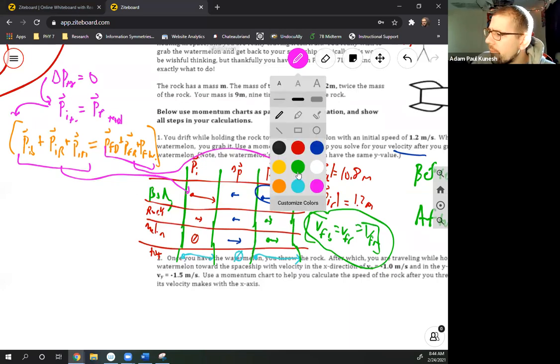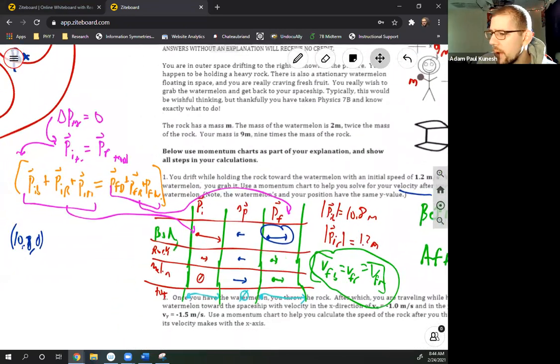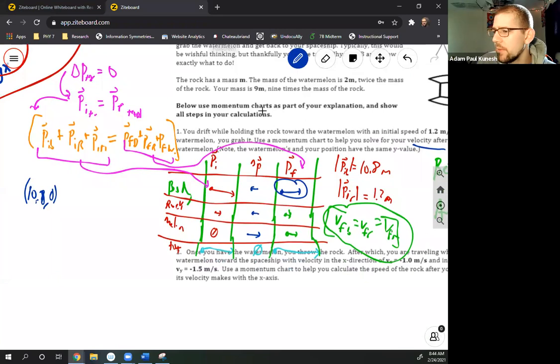So let's go ahead and draw in those vectors now. The initial momentum of my body is 10.8, 0. I'm going to the right, 10.8. And then I'm going to have to multiply all this stuff by an m, but that's all right.